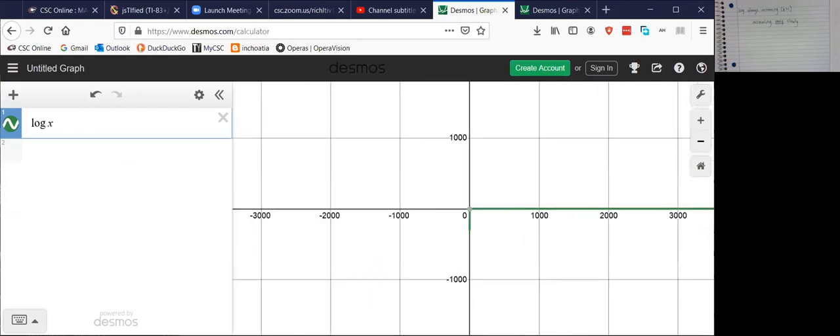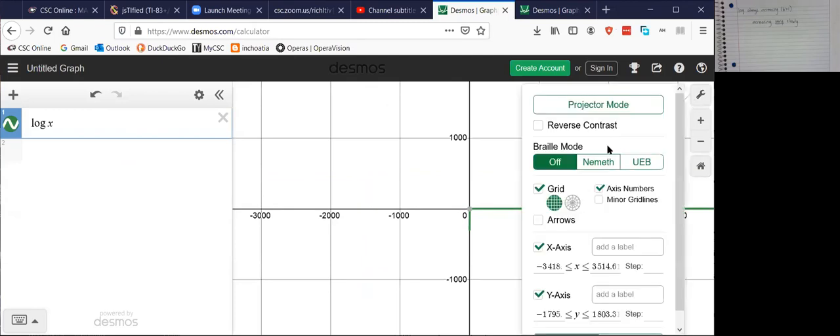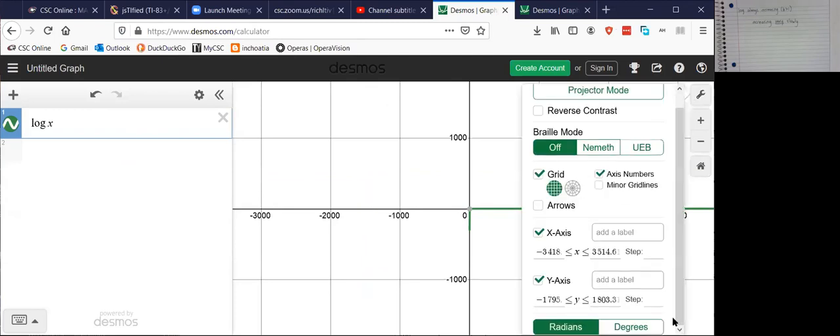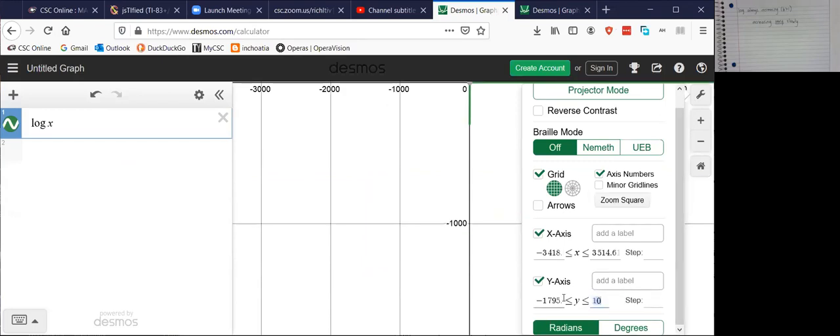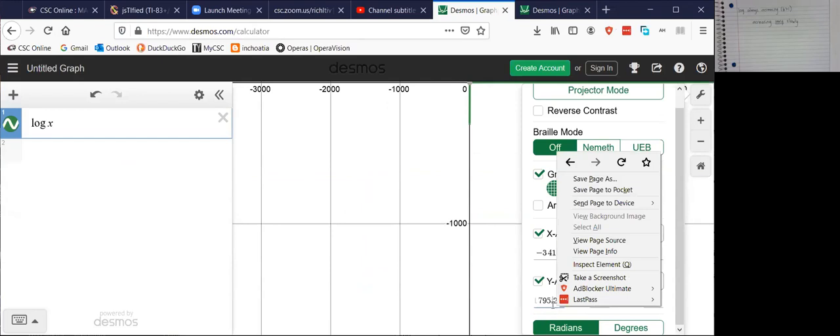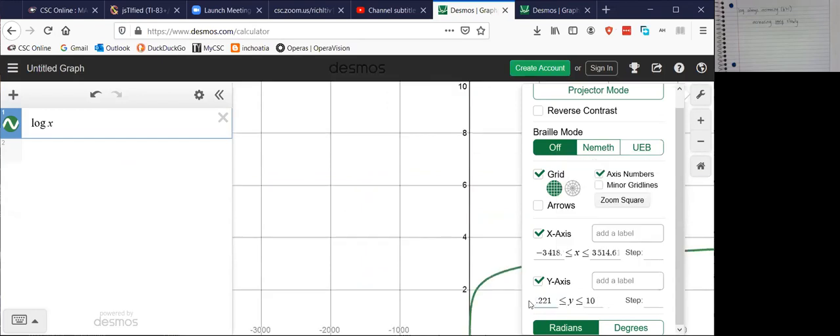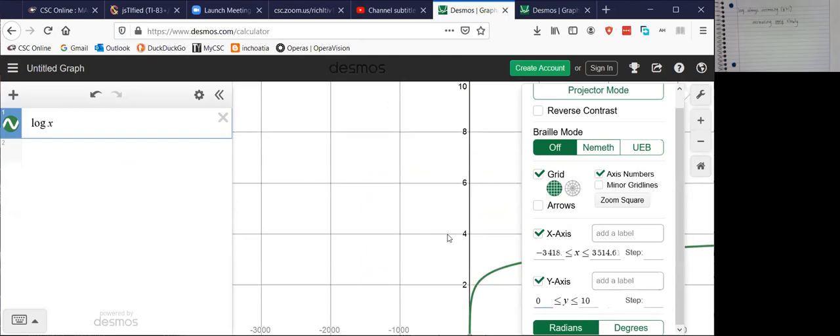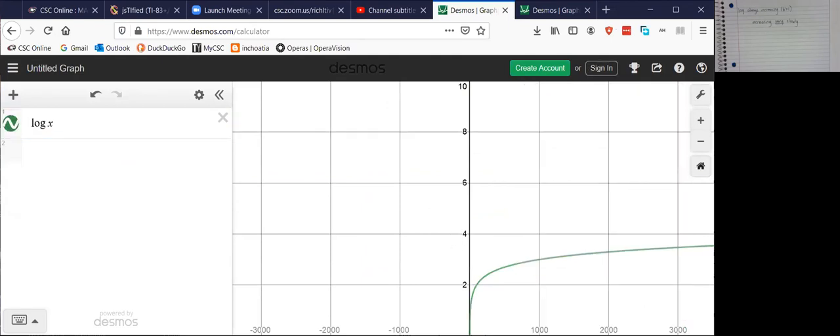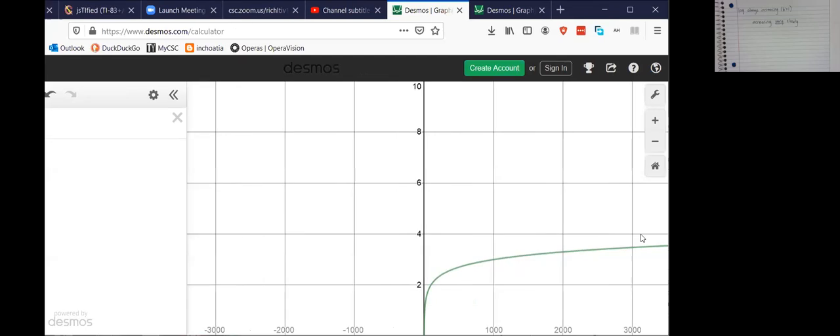We zoom out, and let's let y just go from 0 to 10.